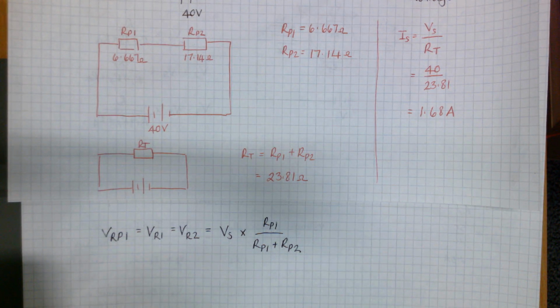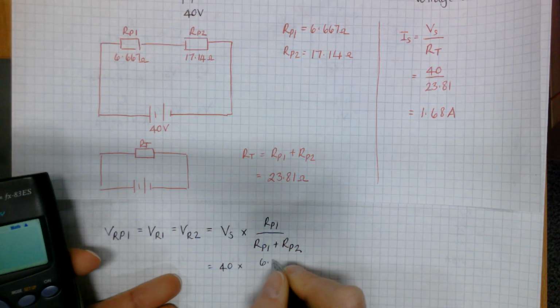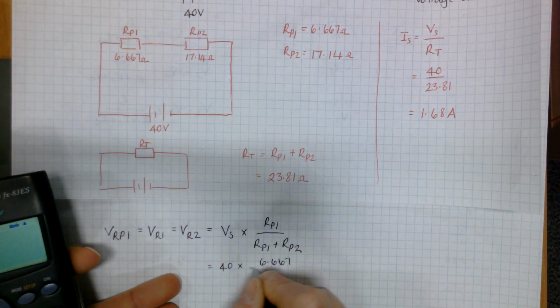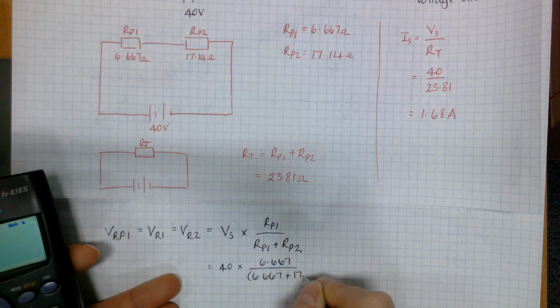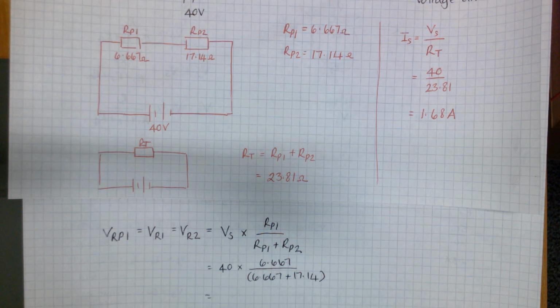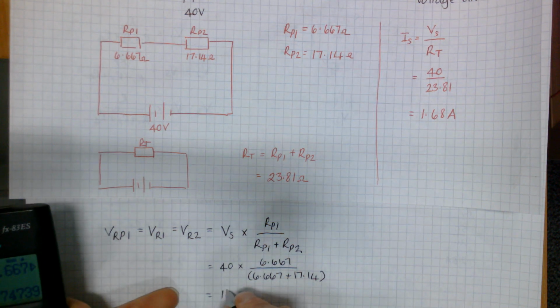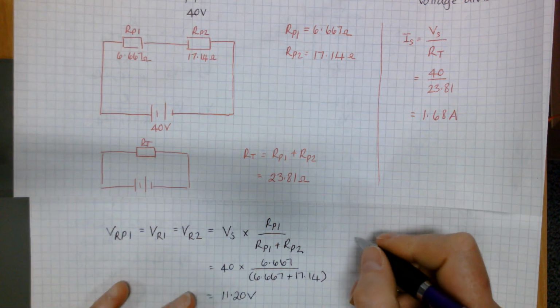So 40 is the one you're dividing. And that gets you 11.20 volts for your first parallel part.